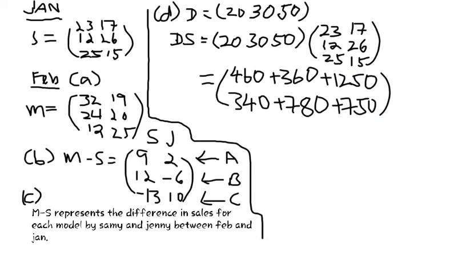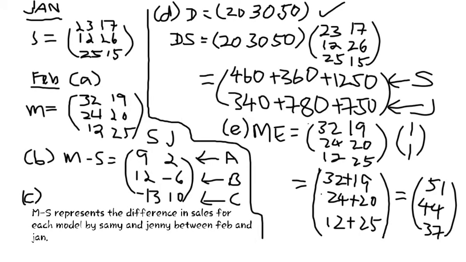So this is the sales by Sammy, and this would be the sales by Jenny. You can evaluate the matrix, which I will not do now, but this goes to show that indeed my matrix D was correct after all.